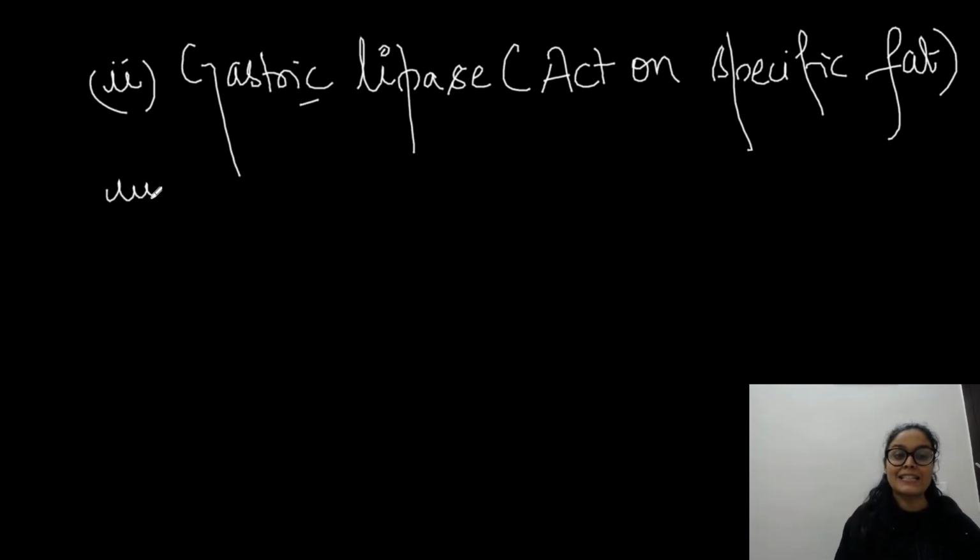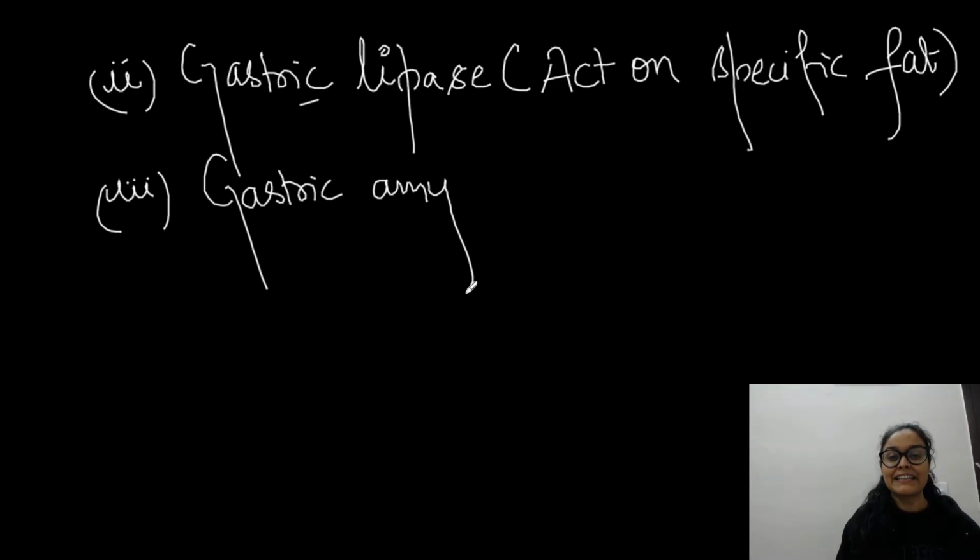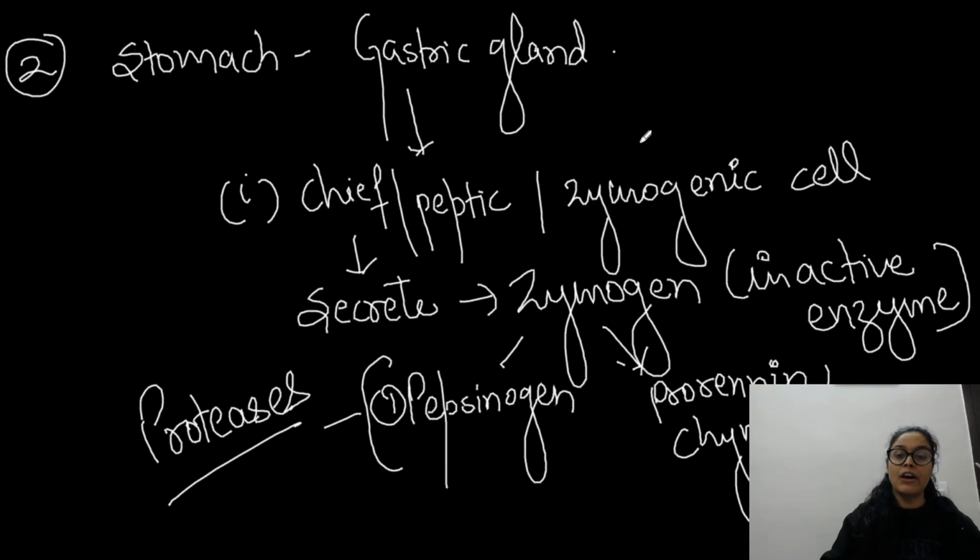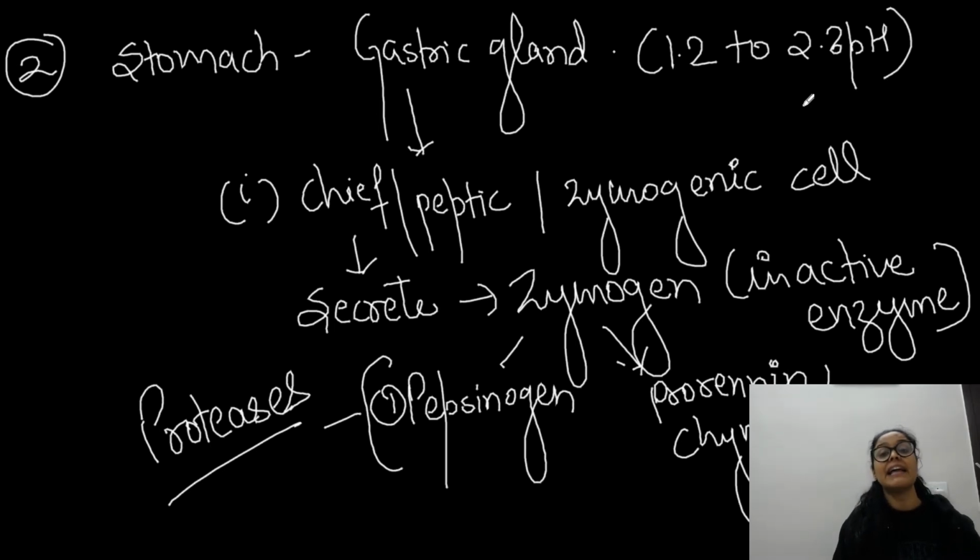It also secretes the enzyme gastric amylase, but unfortunately gastric amylase remains inactivated here because amylase activates only at a higher pH. And here the pH is approximately 1.2 to 2.8, highly acidic.